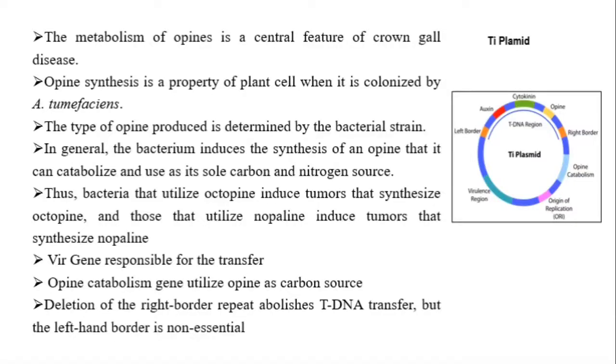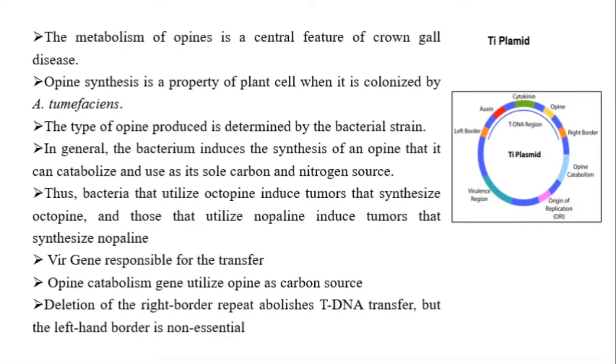And if a bacterium induces tumors producing nopaline, that bacterium catabolizes and uses nopaline as a carbon and nitrogen source. So there are different types of opine, and the type of opine produced by the plant cell is determined by the strain of bacteria.